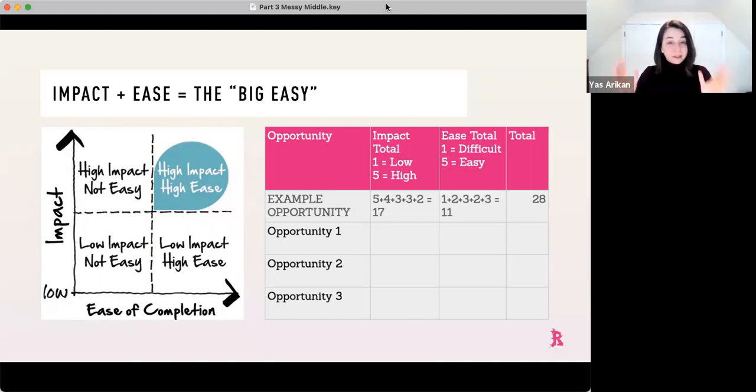You sum those scores up, and then you get an ease score for each opportunity. And then you sum those two things up, the impact score and your ease score, and that gives you your total number. And maybe you'll see that one opportunity clearly outruns the others in terms of its total score, or maybe they all kind of score similarly.